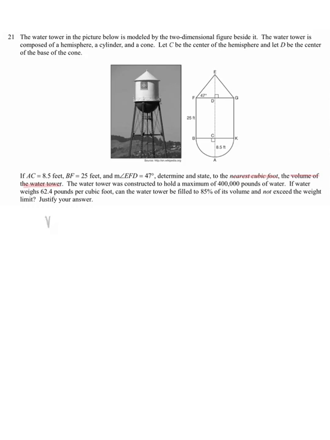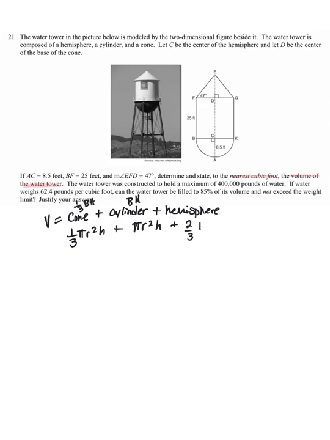Okay, so the volume is made up of a cone at the top plus a cylinder in the middle plus a hemisphere. So let me write all these formulas. 1/3 pi r squared h, cylinder pi r squared h. Now you can write, b times h, 1/3 b times h, and then substitute in, but you may have the formulas memorized by now. Hemisphere from the previous 2 slides, 2/3 pi r cubed.